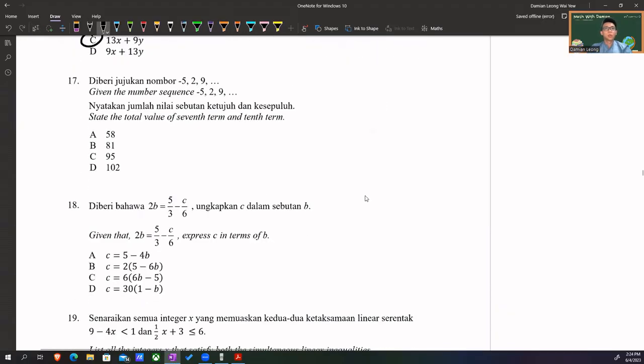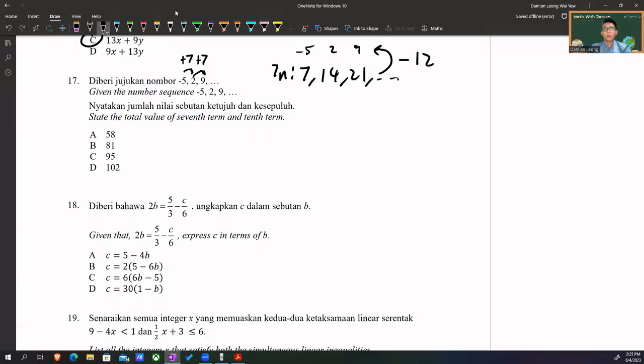Question 17, total value of the 7th term and the 10th term. So for a number sequence like this, we can find the nth term first, or I can just express until the 10th term. It's really up to you actually. So we have to look at the pattern. Here is plus 7. So I compare with, let's say I form the nth term. Compare with 7n: 7, 14, 21, and so on. Compare with the -5, 2, and 9. I need to basically minus 12.